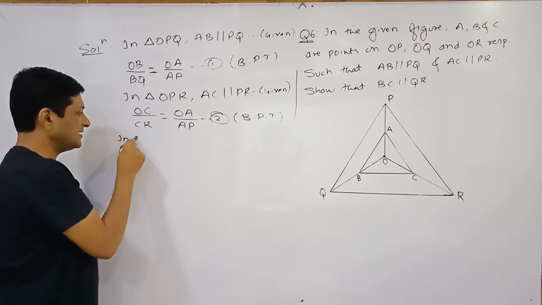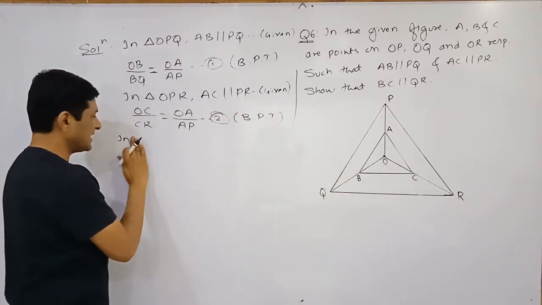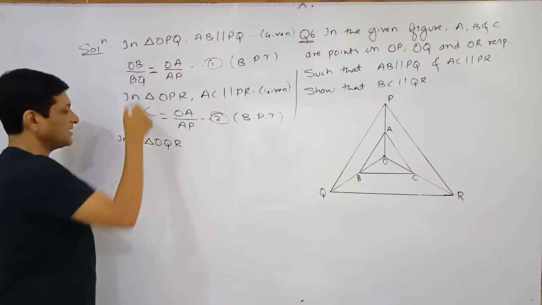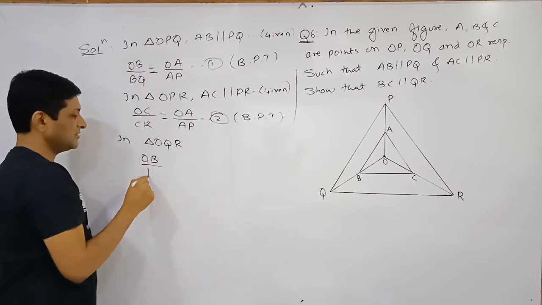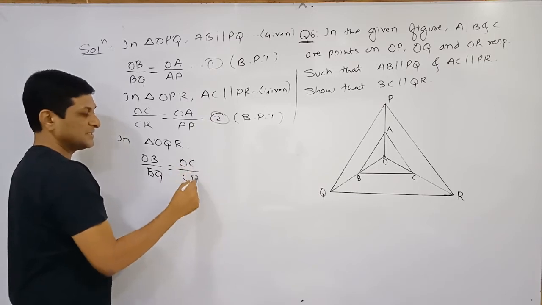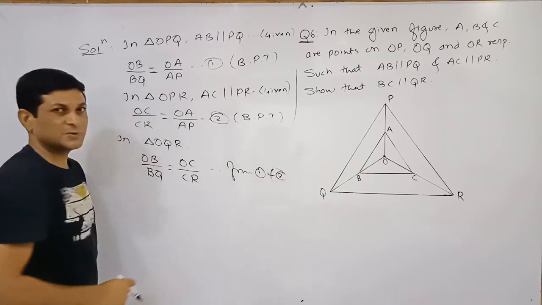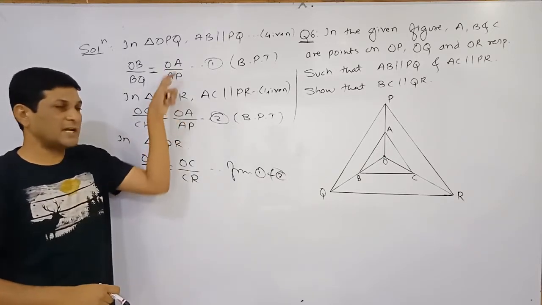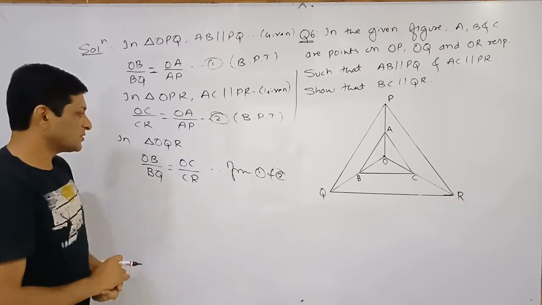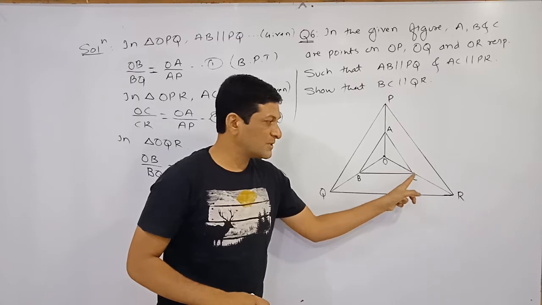Therefore, in triangle OQR, OB upon BQ will be equal to OC upon CR, from equations 1 and 2.